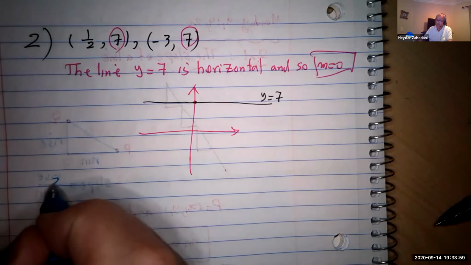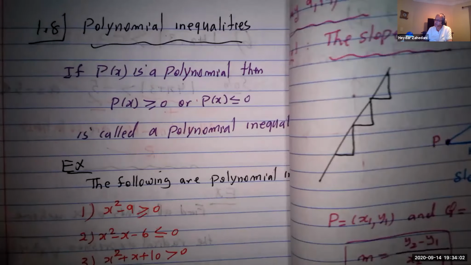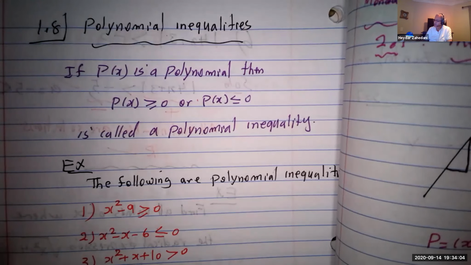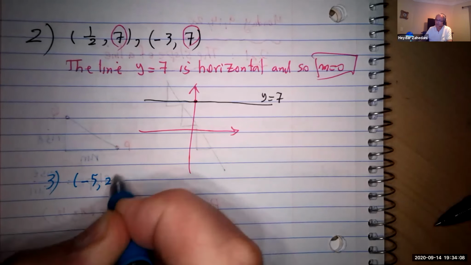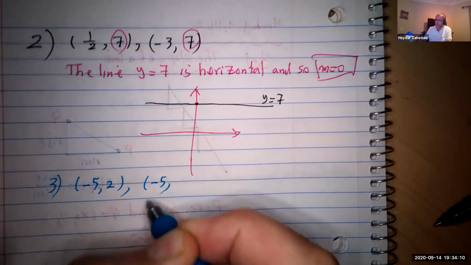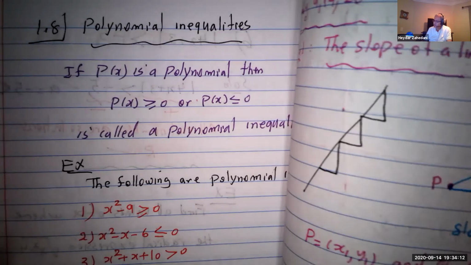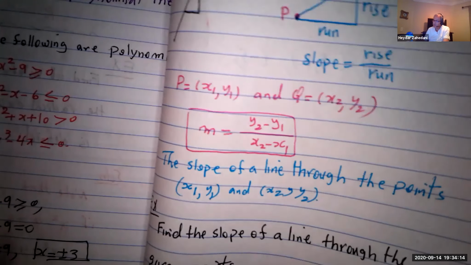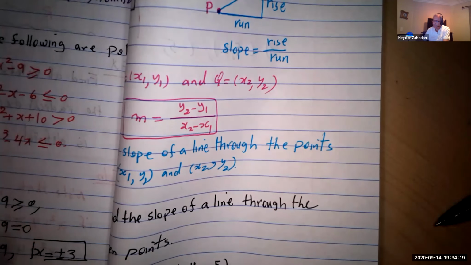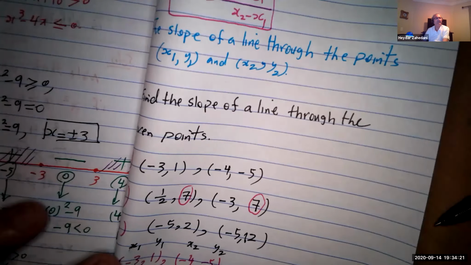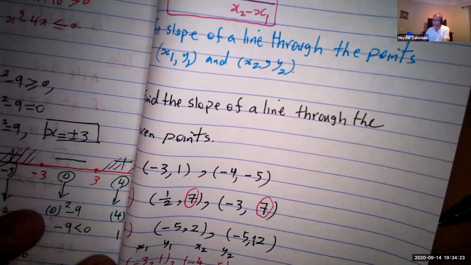The third case, let's see what is special about this one. You see the points we have: -5 and 2, and then -5 and 12.